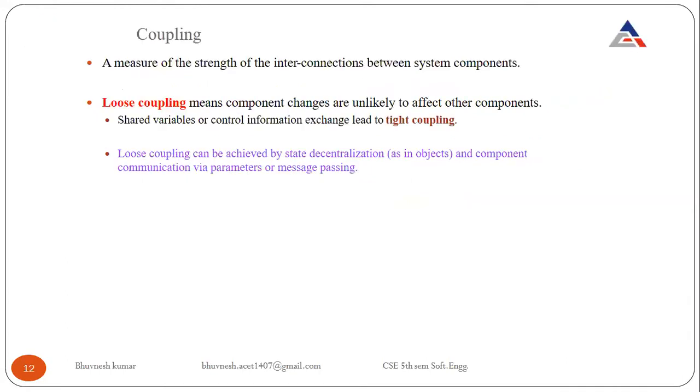Then there is coupling. Coupling is a measure of the strength of interconnection between system components, and the system component here is your module. You can say it is the degree of interdependence between your modules.